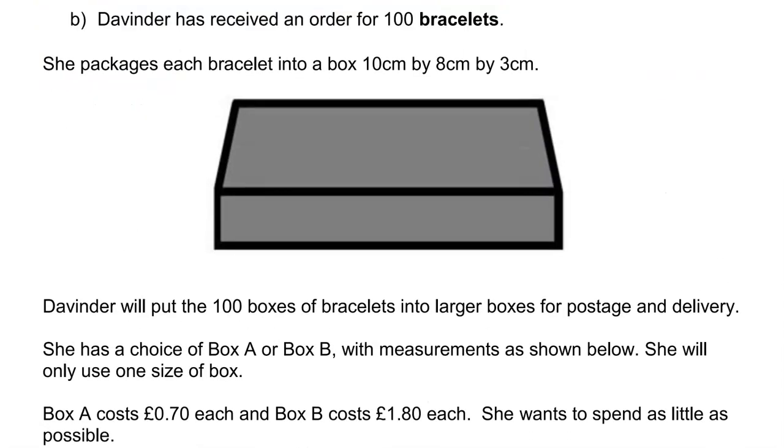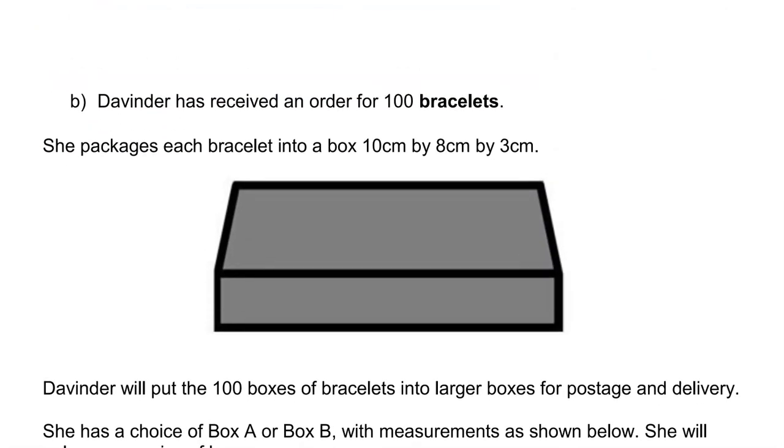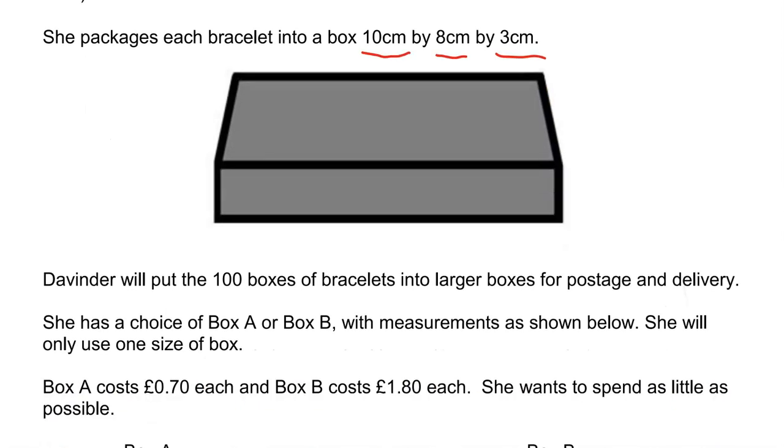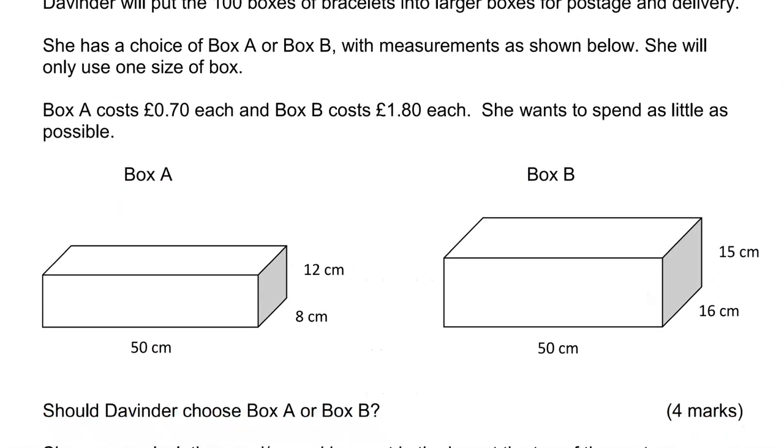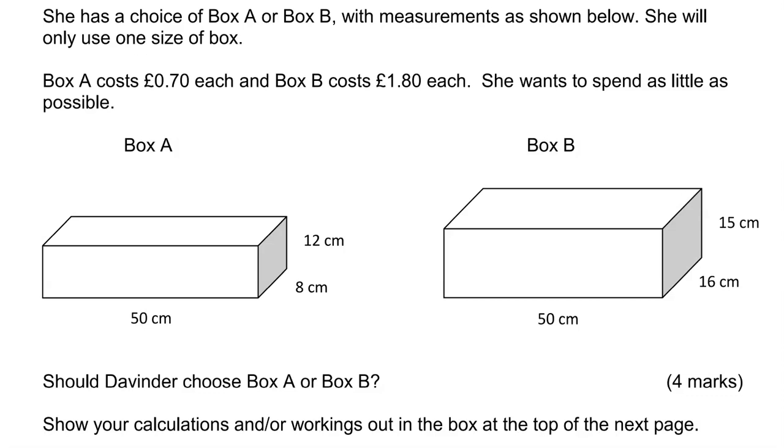So looking again, the small box measures 10 centimeters by 8 by 3. So 10 being the length, that's going to be 1, 2, 3, 5 of them will be able to fit along the length, and 8, that means just 1, 3 going up, so that's 3 centimeters each.